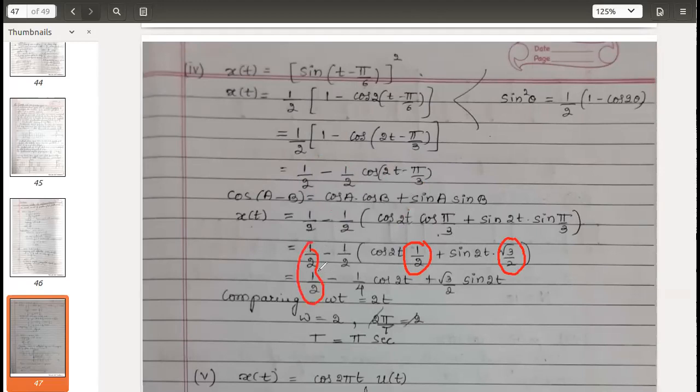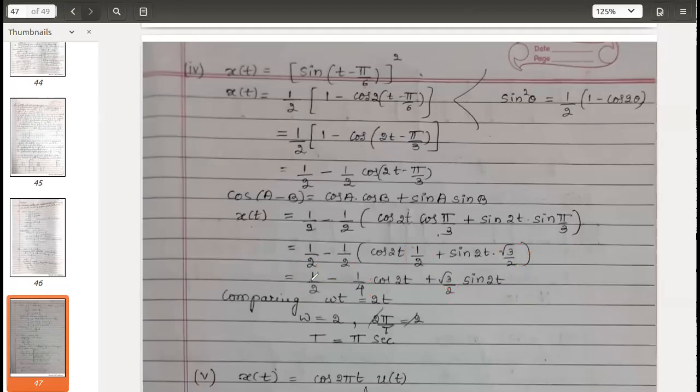So half as it is, minus this divided by 2 and this divided by 2. Both I have taken common, it will become 1 by 4 cos 2t plus root 3 by 4. I think this should be a denominator of 4. Please rectify this mistake. It should be 4. Root 3 divided by 4 into sine of 2t.